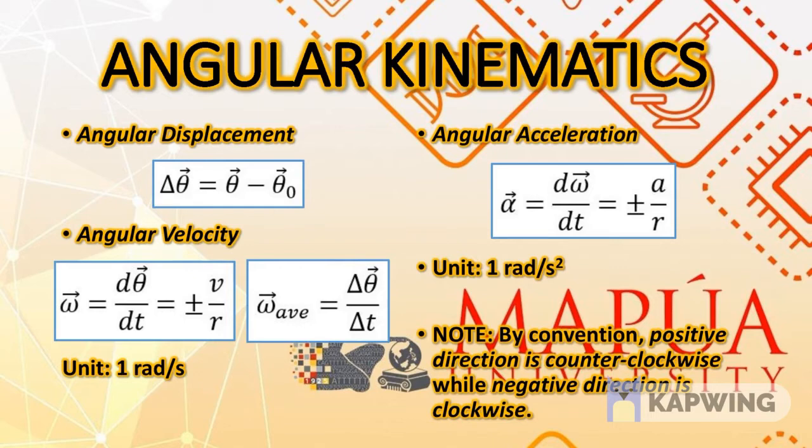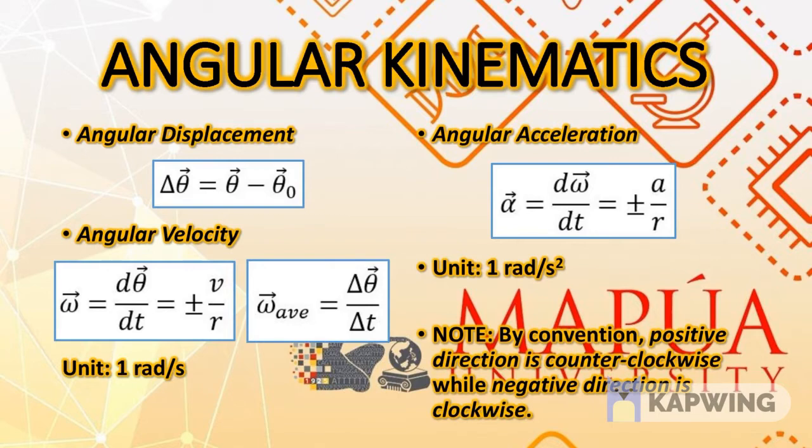If we get the rate of change of angular position, d theta over dt, we have angular velocity omega. Omega is equal to d theta over dt, which is equal to plus minus v over r.